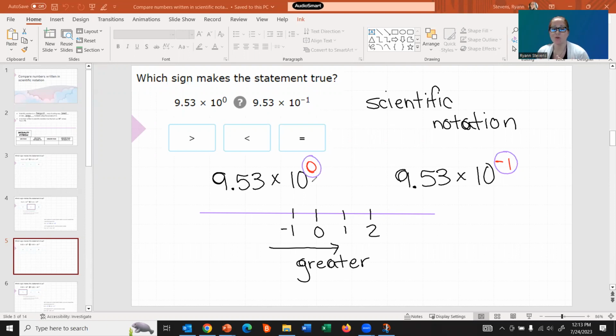So 0 is actually going to be larger than -1. So we would say that the opening of our inequality sign needs to point in this direction because this is the greater number. So it would look like this, our greater than symbol. And we would read this as 9.53 times 10 to the 0 power is greater than 9.53 times 10 to the -1st power.